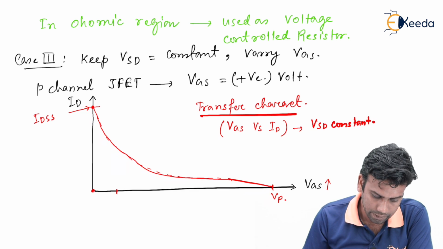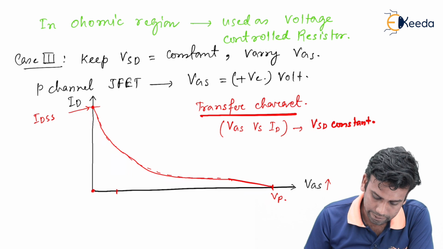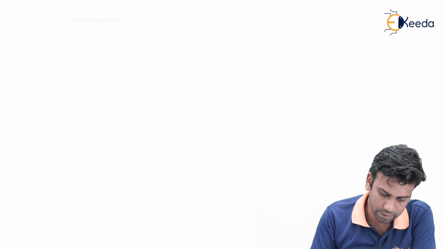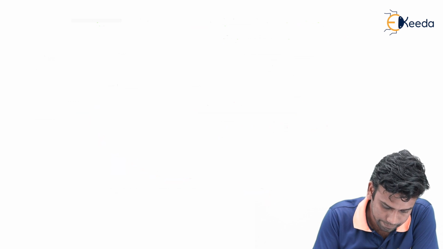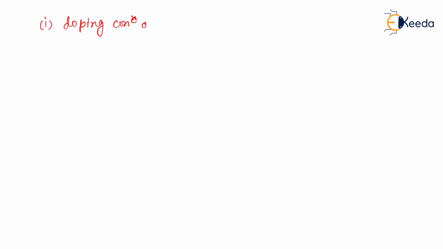Now we can say that the majority carriers of the channel will be controlled by two factors, that is the doping concentration of the channel, and the second one is the cross sectional area of the channel.